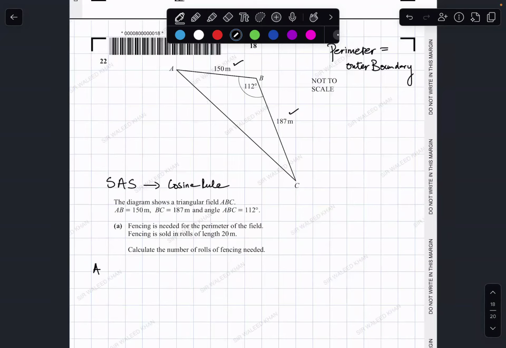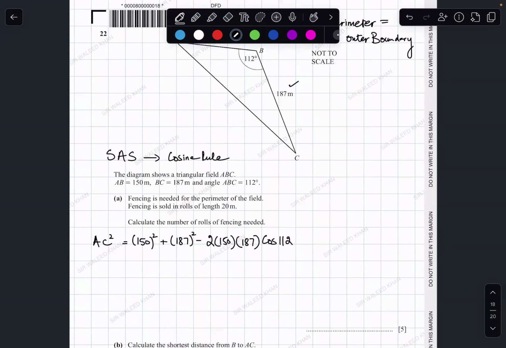So AC squared is equal to the two other sides, 150 and 187. Add them and square them. Minus 2 times the same two sides, cos of the angle in between. So AC is equal to under root of. Now take as many decimal places as you can.